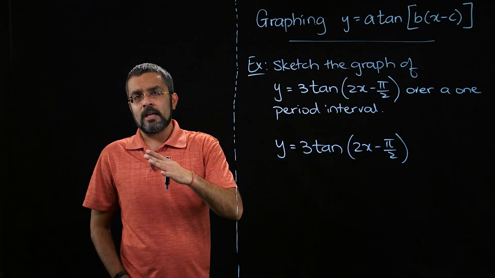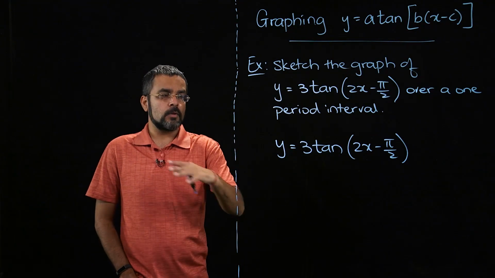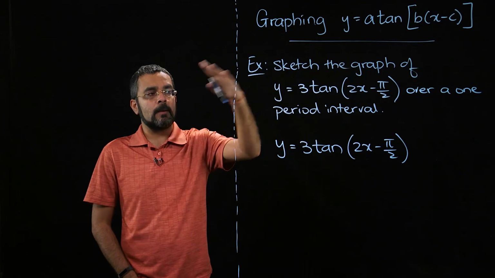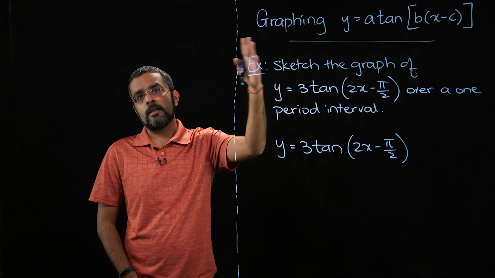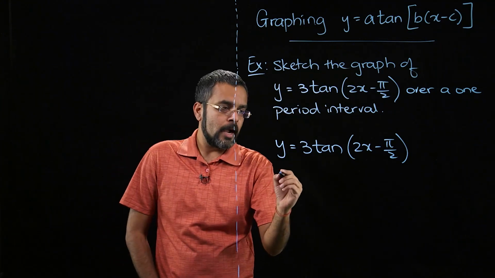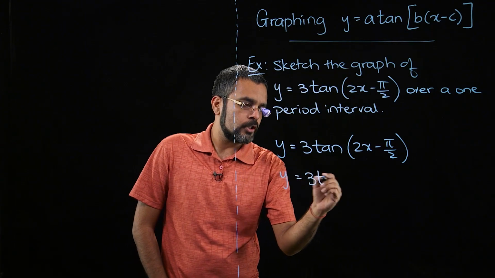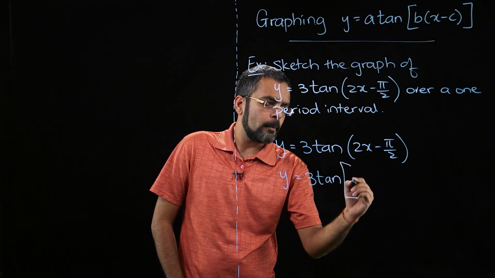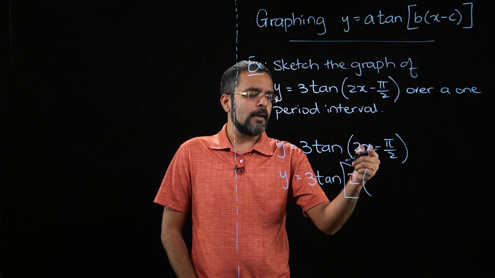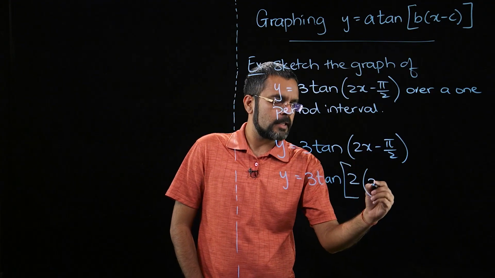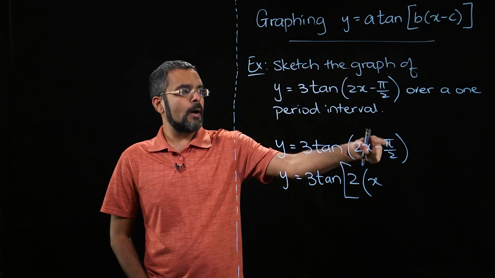When you factor something out, you could think about dividing. So if I'm factoring out a 2, it's like I'm dividing everything in the parentheses by 2. So I have y equals 3 tangent, and I'm going to factor out my x. What am I left with? If it's 2x divided by 2, I'm just left with x. And then I have a pi over 2.